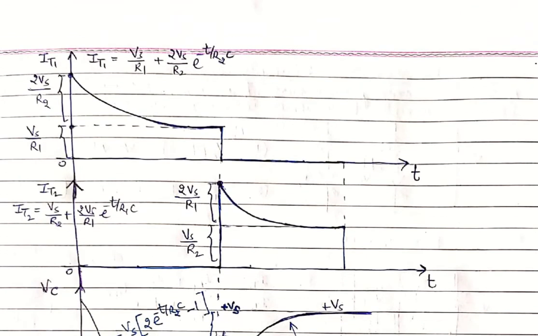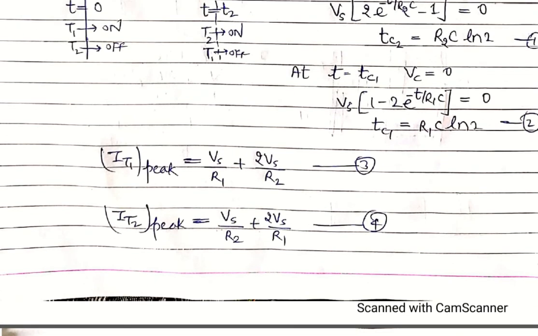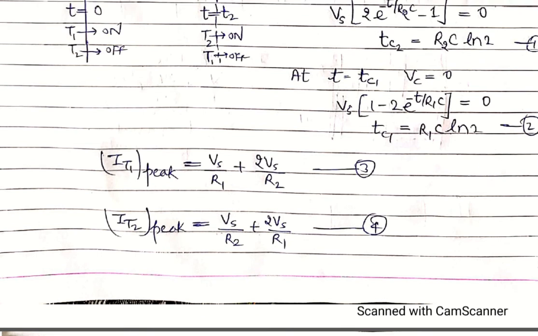This is the level of current. So the peak value of thyristor current will be written as expression number 3, and similarly in case of T2, the peak value of current can be written as Vs divided by R2 plus 2Vs divided by R1. So these are the expressions of peak current across the thyristors T1 and T2 respectively.